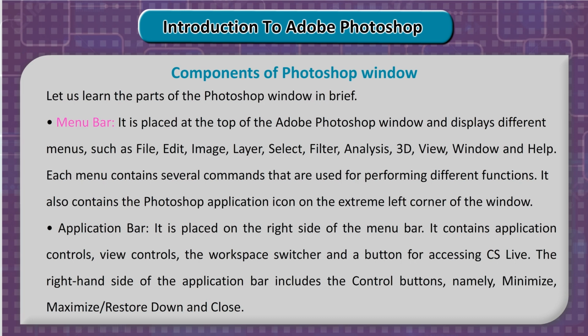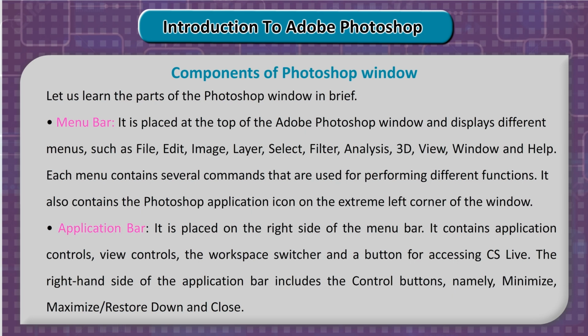It is placed at the top of the Adobe Photoshop window and displays different menus, such as File, Edit, Image, Layer, Select, Filter, Analysis, 3D, View, Window and Help. Each menu contains several commands that are used for performing different functions. It also contains the Photoshop application icon on the extreme left corner of the window.